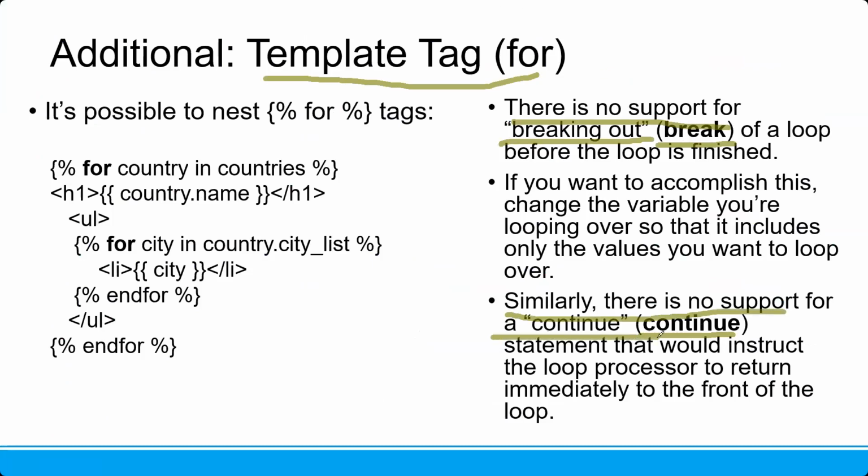So you cannot stop in the middle. You need to just loop until the end. So if you want to accomplish break and continue, of course you need to make some kind of if and so on.